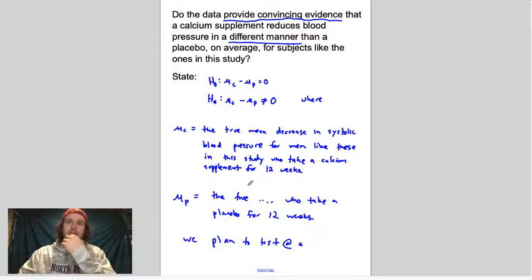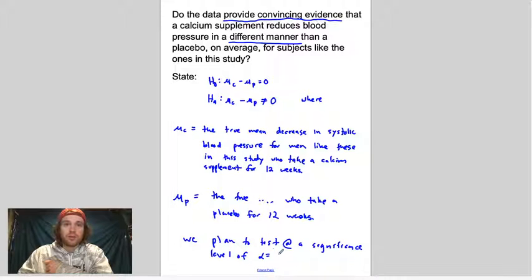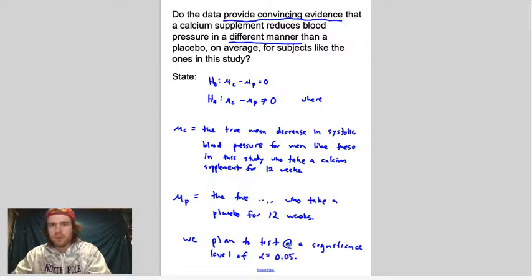Plan to test at a significance level of alpha equals 0.05. If nothing is mentioned in the problem on the AP exam, you can just use alpha equals 0.05, or if you're doing a confidence interval, use a 95% confidence interval.